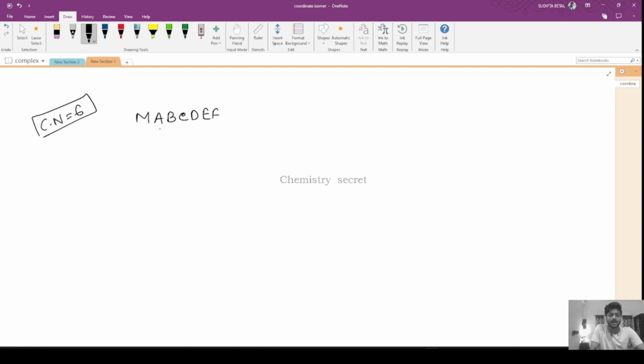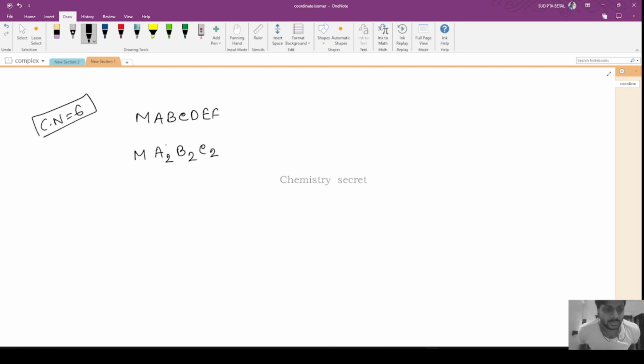If a metal is bound with 6 different ligands, that is one type. If the metal is bound with A2, B2, C2, that is another type. If we repeat 3 ligands twice, then this is another type of example.